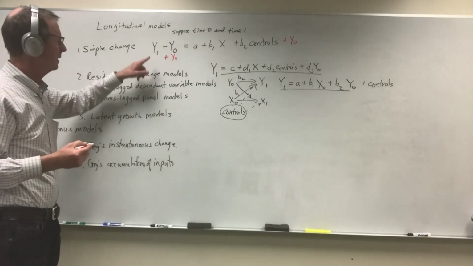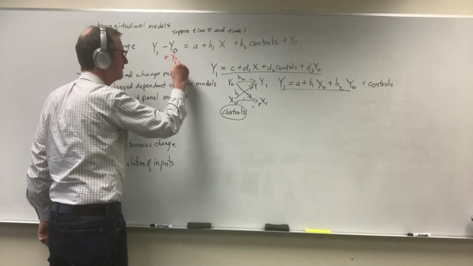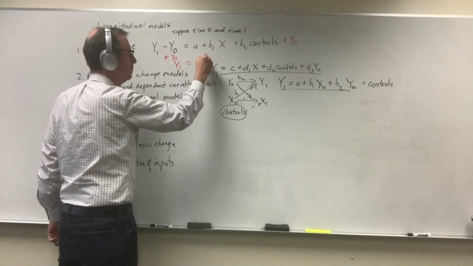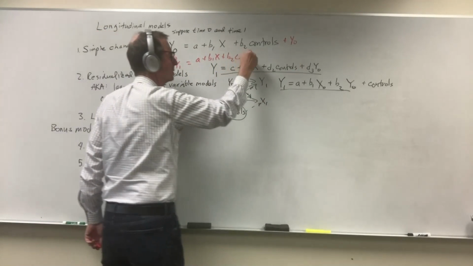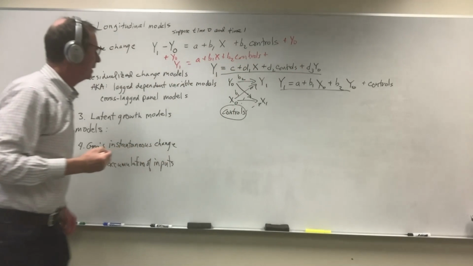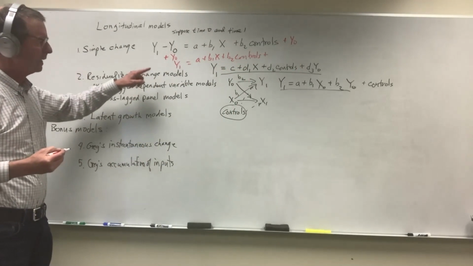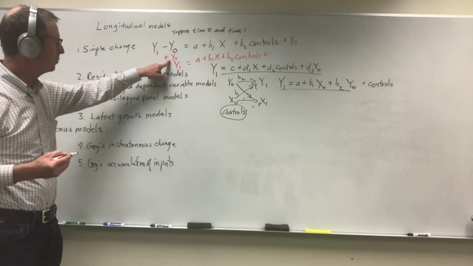Then over here, we're left with y1 equals a plus b1 x plus b2 controls plus a coefficient times y0.